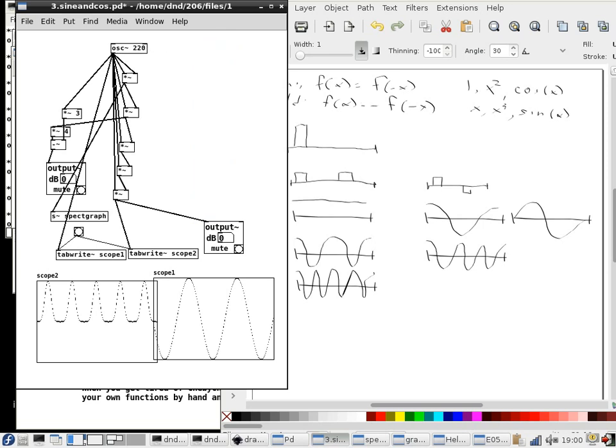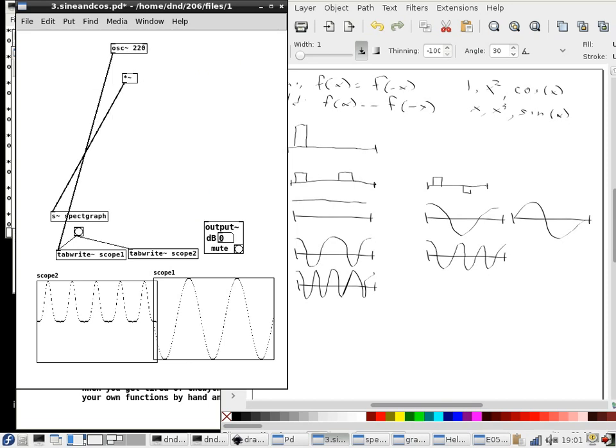So I'm going to make the result by, let's get rid of this. I'm going to keep the scope stuff. Get rid of Chebyshev polynomial. I'm going to get rid of this. I want now, for reasons that will become clear later, a controllable amplitude here. So what I need to do is get a number. Let's give it a reasonable range, divided by 100, pack 0, 20, line tilde.